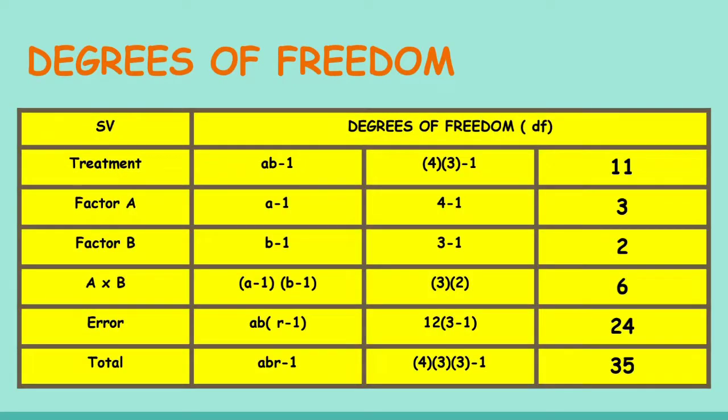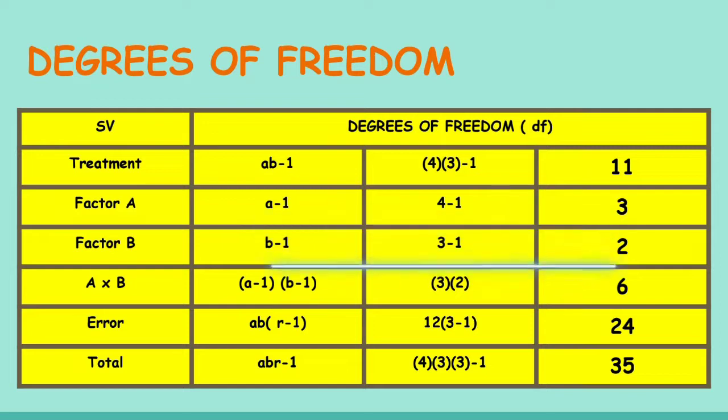For degrees of freedom, we have treatment AB minus 1 is equal to 4 times 3 minus 1, total of 11. For factor A, we have A minus 1 equals to 4 minus 1, a total of 3.